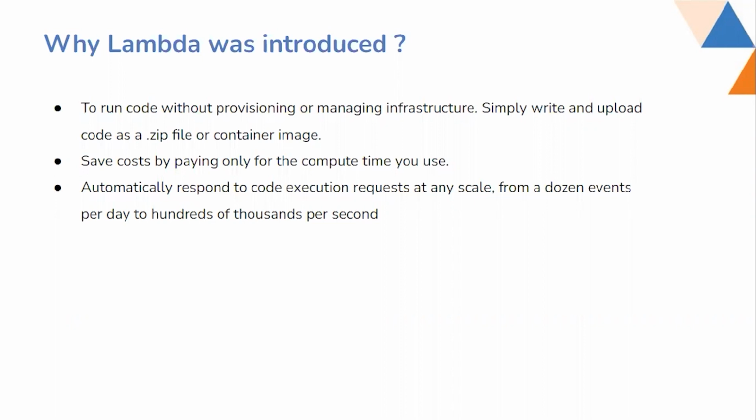Cost was something considered when Lambda was introduced. Normally if they would require 10 CPUs, Lambda would remove that overhead. They would just need to opt for this service, and the service provider will manage all the CPUs required for the processing. Lambda gives you a platform wherein you just need to add your code.